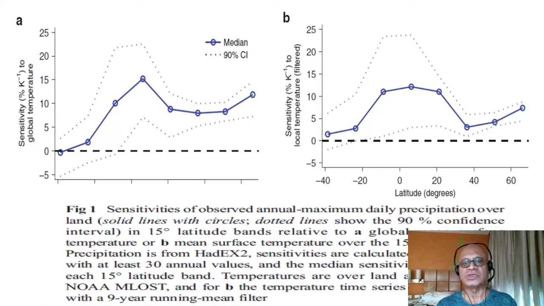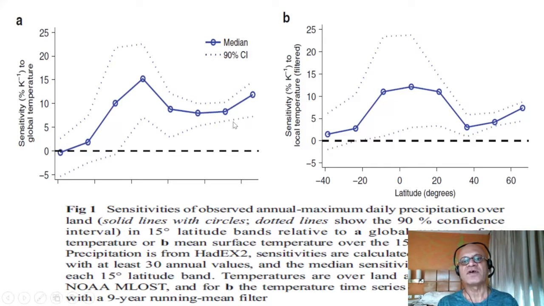Whereas if you restrict the temperature regression to mean surface temperatures over the 15-degree latitude band, you get somewhat similar answers at mid-latitudes and the southern hemisphere subtropics, but the tropics here change character even though they still remain the peak, but the uncertainty is still the highest in the tropics, basically because there are data issues, and then there are issues of just resolving the timescales.